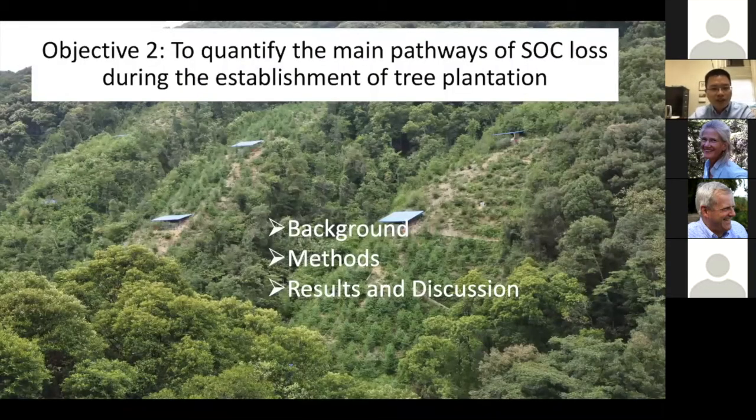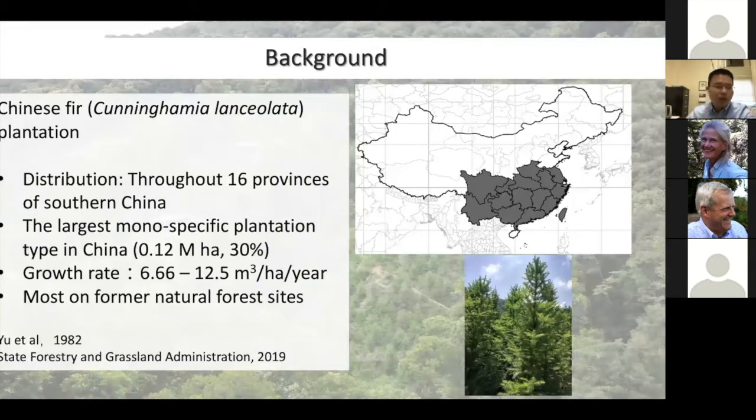And for the second objective, to quantify the main pathways of SOC losses during the establishment of tree plantation. First, I would like to introduce the major tree plantation species in subtropical forest. It's the Chinese fir plantation.